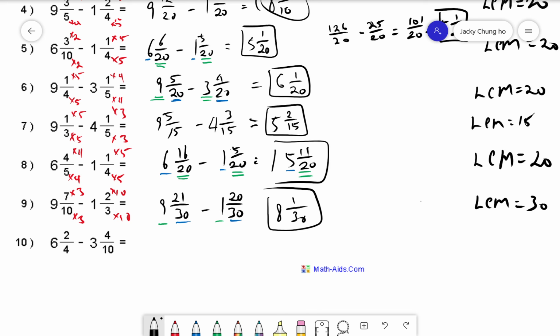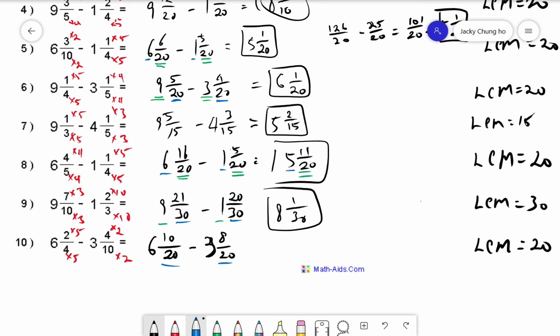Let's take a look at number 10. Okay, the LCM between 4 and 10 will be 20. So 6 and 2 over 4. So 4 times 5 will get me to 20, and 10 times 2 will give me 20 as well. So it will be 6 and 10 over 20 minus 3 and 8 over 20.